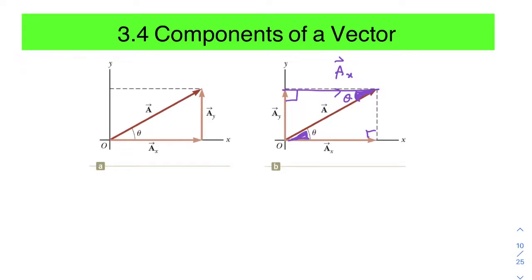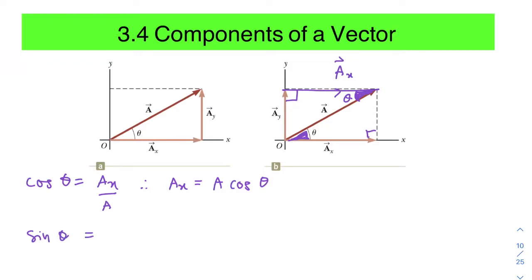You may figure out any unknown, let's say AX. How to get AX? AX is your unknown. So you may use cos theta. Cos theta is equivalent to AX over A. Therefore, AX only is A cos theta. If let's say you want to figure out Y, you may use sin theta.